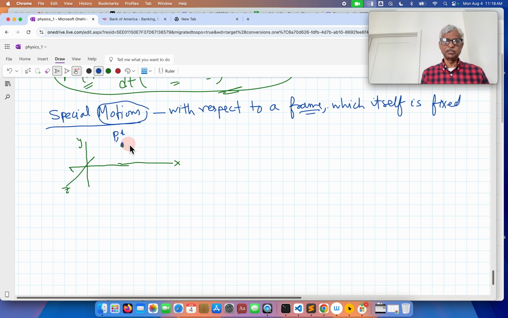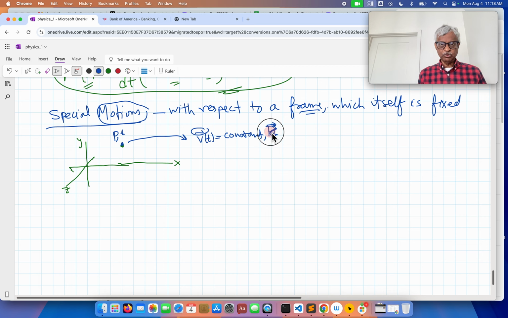So what's given is that the velocity of this thing at time t is constant. If this is a vector, then it has to be some constant vector. Let's call it vector k. The letter c will be used for the speed of light in the future. So this is not changing.